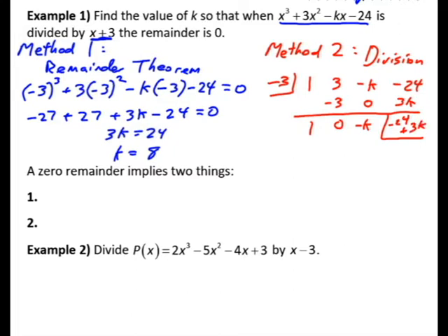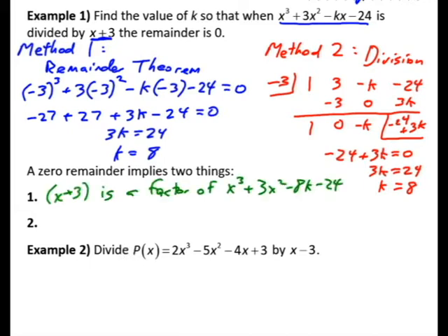Recall that the remainder must work out to 0, so we have an equation. Our zero remainder implies these two things. First, that x plus 3 is a factor of the original polynomial. It also implies that -3 is a zero of the polynomial.